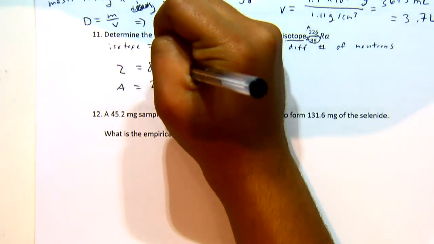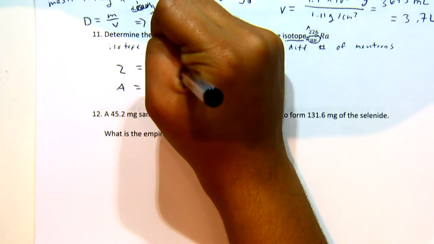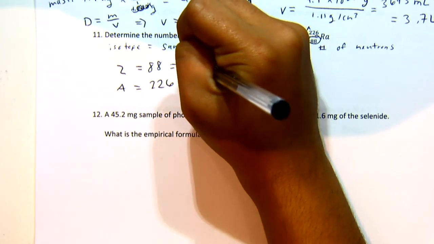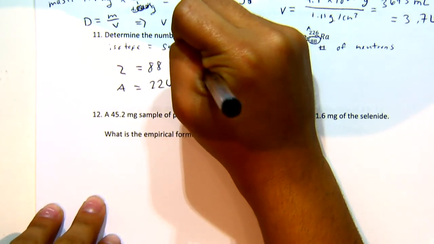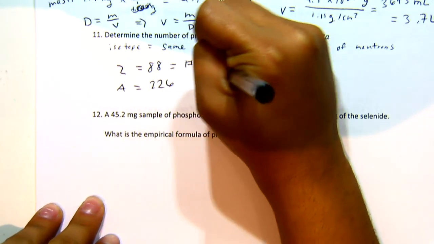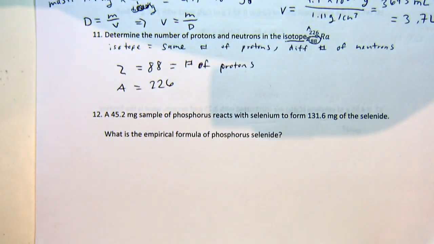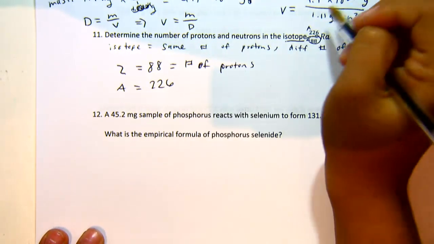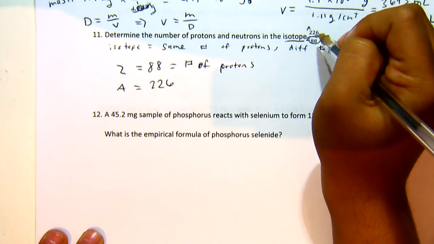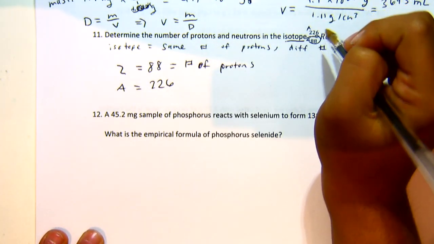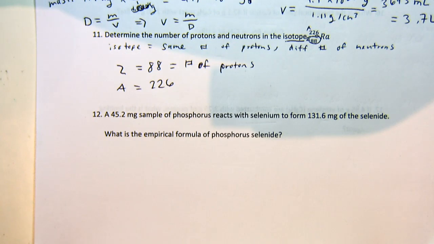Now, what does our mass number also tell us? It's also going to tell us the number of protons. So if we have 88 protons and we know our mass number is going to equal what? Great.